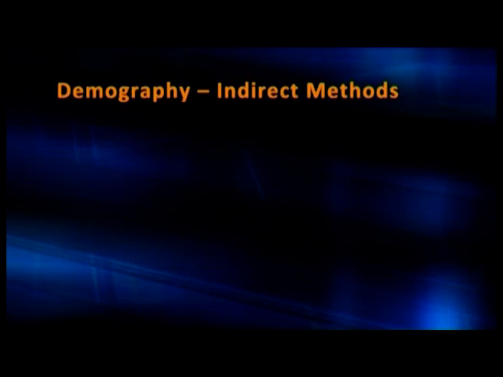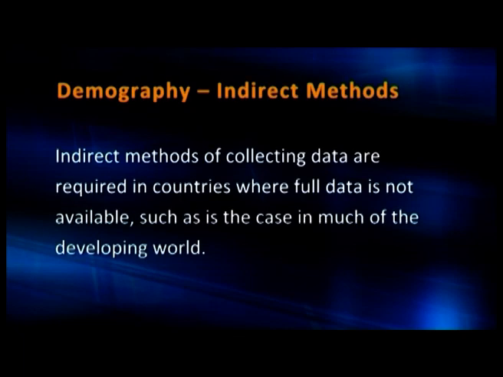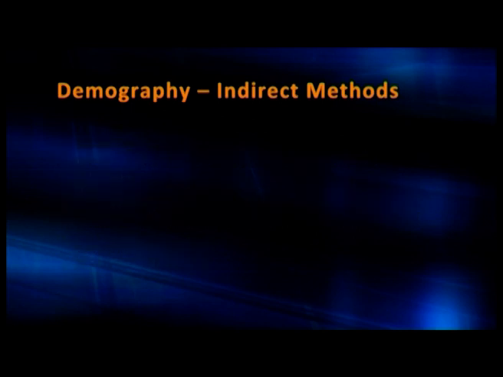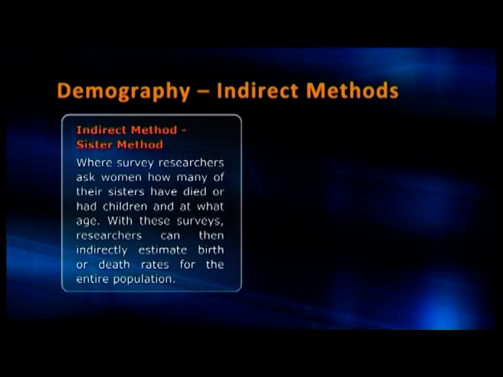Indirect methods. Indirect methods of collecting data are required in countries where full data is not available, such as is the case in much of the developing world. One of these techniques is the sisterhood method, where the survey researchers ask women how many of their sisters have died or had children and at what age.